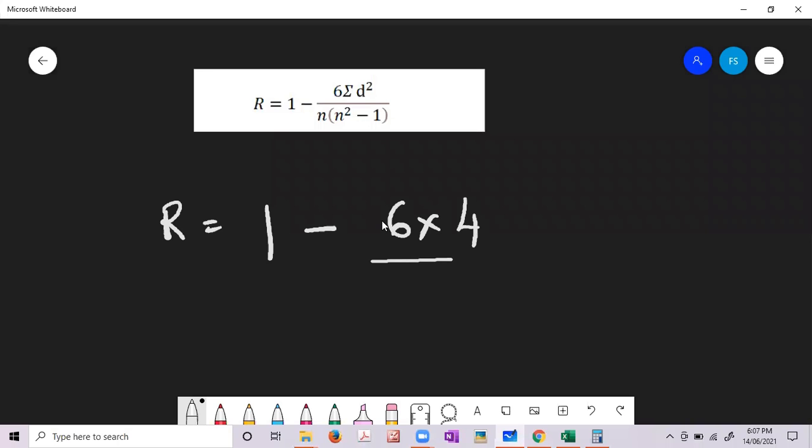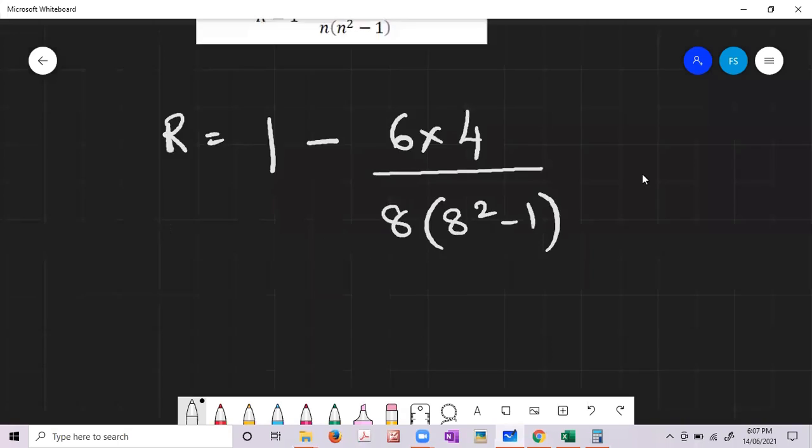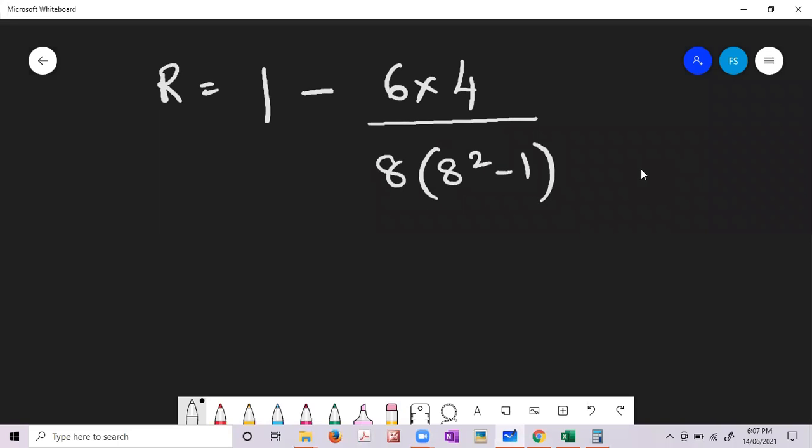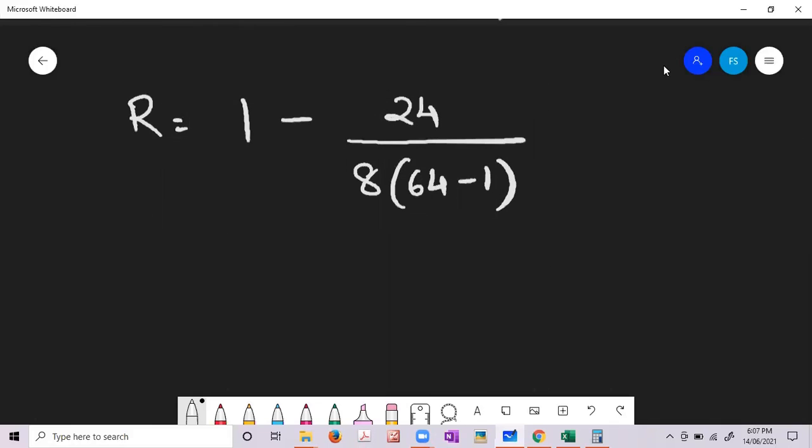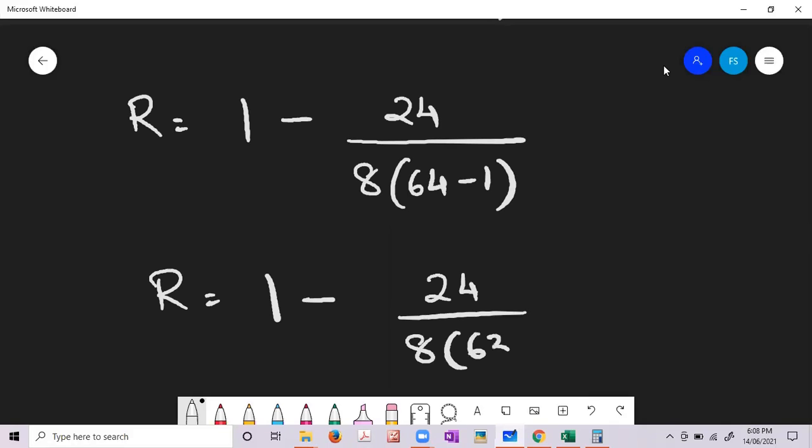So divided by 8 into 8 square minus 1. R is equal to 1 minus 24 divided by 8 into 64 minus 1. R, or the correlation, is equal to 1 minus 24 upon 8 in the bracket 63.